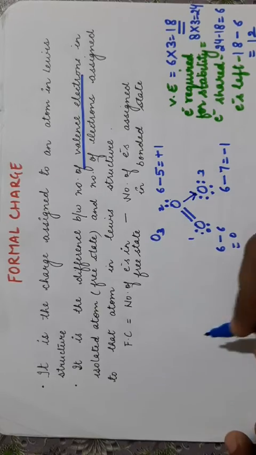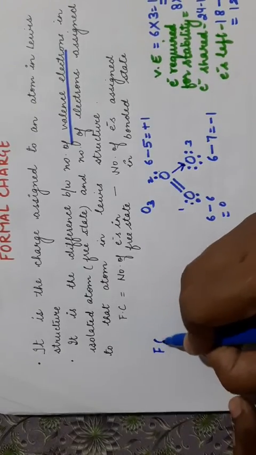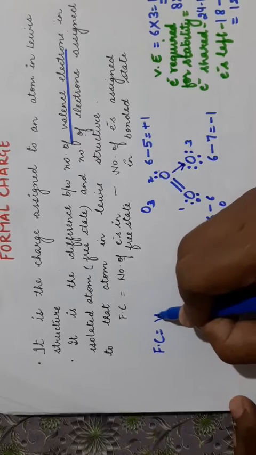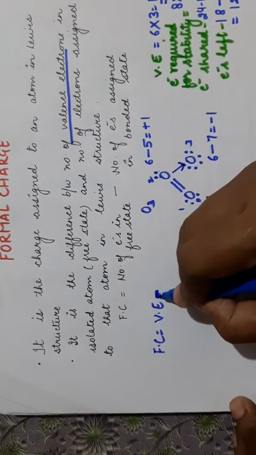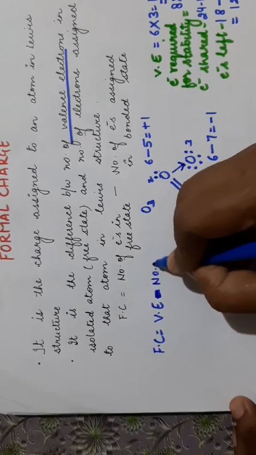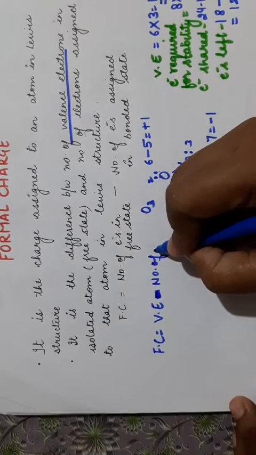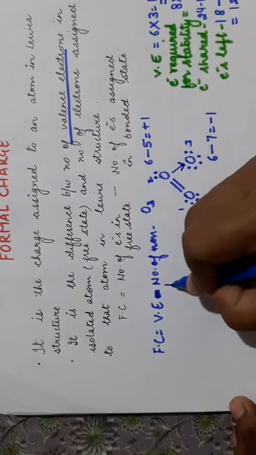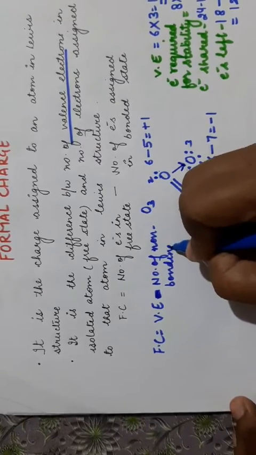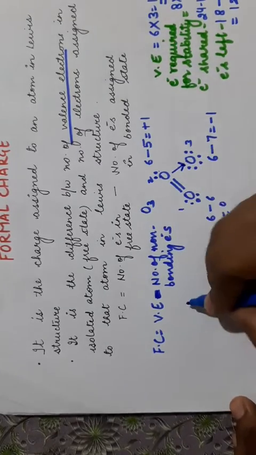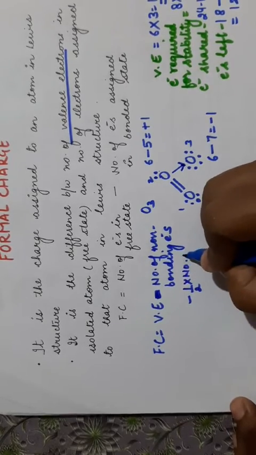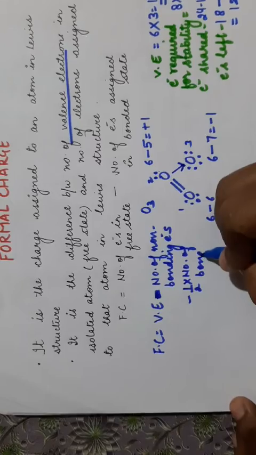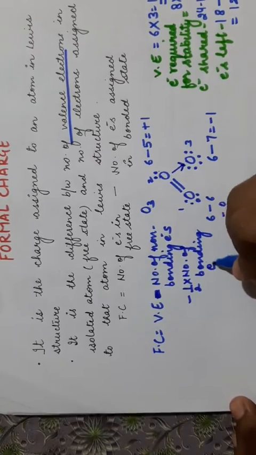Now there is also another formula for calculating formal charge. Formal charge is equal to the number of valence electrons minus the number of non-bonding electrons minus half into the number of bonding electrons.